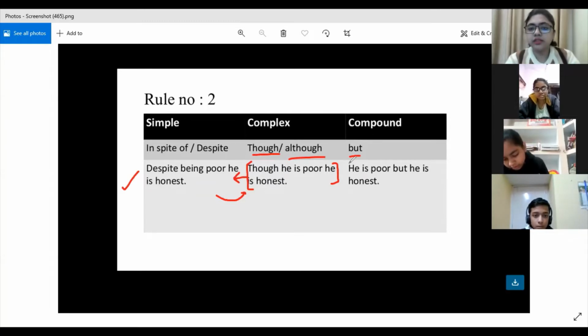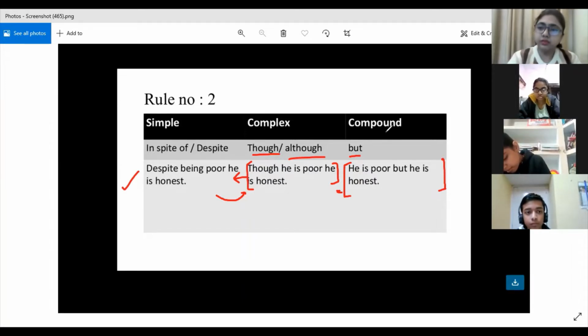And suppose in exams you are asked to change a compound sentence into a complex sentence, then you should know the rules between these two types of sentences as well. Are you getting my point? So it is not one way, simple to complex to compound. Sometimes complex to compound can be asked, sometimes compound to simple can be asked. So you should have all three things in your mind.